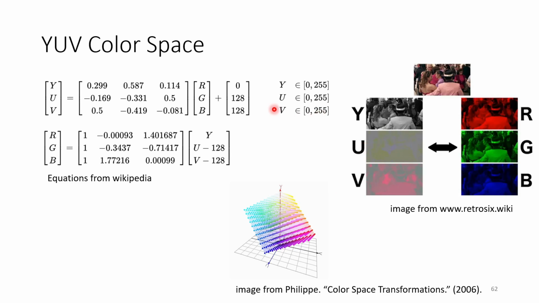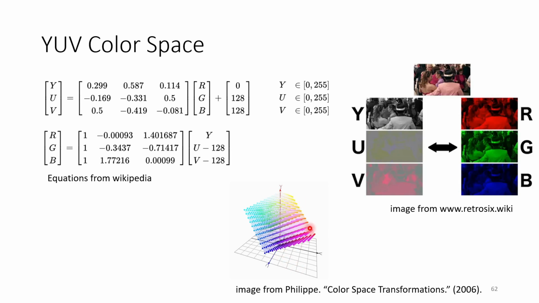Why? Because in the YUV space, this is the converted YUV space. The white point, when R, G and B are 255, the Y is 255. It will be here. And when the RGB values are 0, then it will be another point at the bottom.